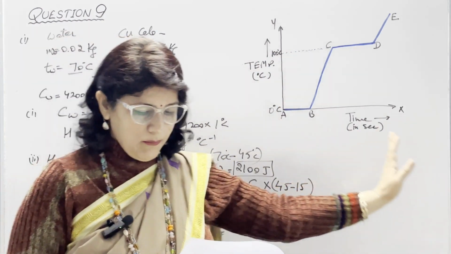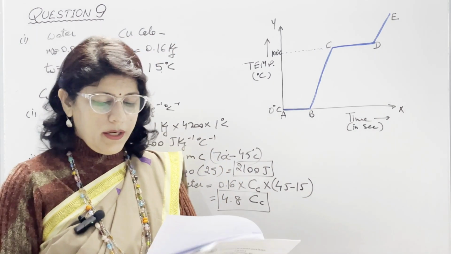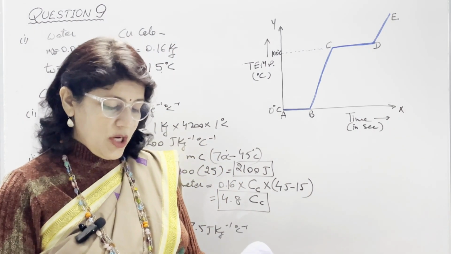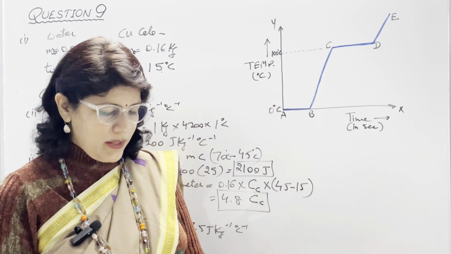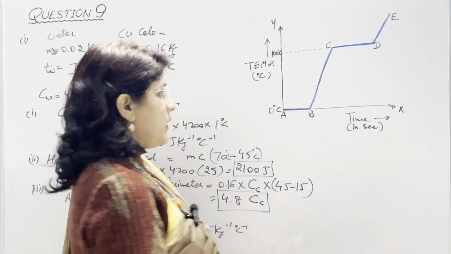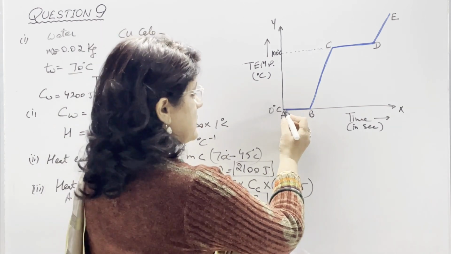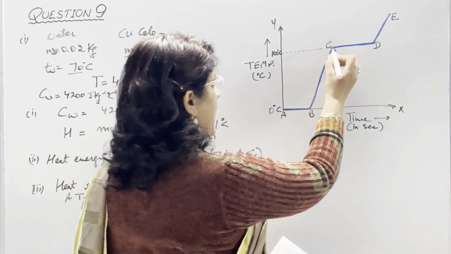Temperature on y, time on x, independent quantity to represent the change, and label the two phase changes in your diagram also. Now we know that the two phase change portions of this graph are AB and CD.